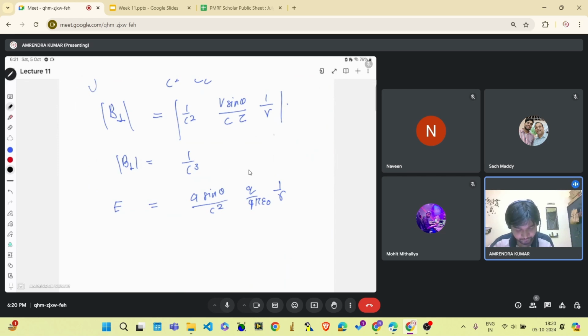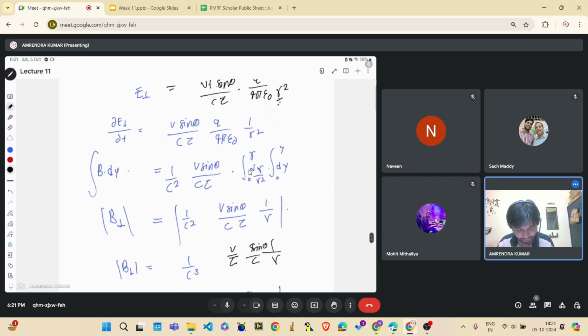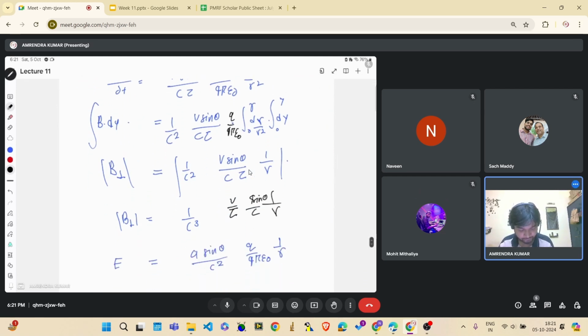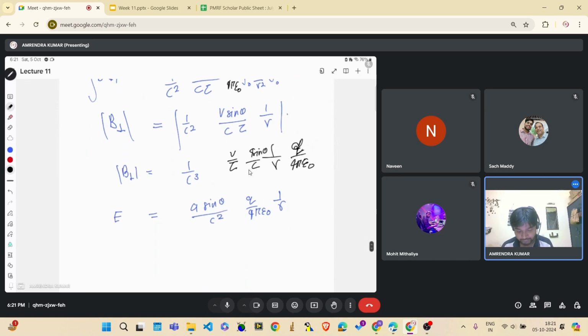Sorry, this one over R, and then E over tau and sine theta over C, and I think I made a mistake. So this Q over 4 pi epsilon naught should be there. So you can see here, this is nothing but the acceleration.